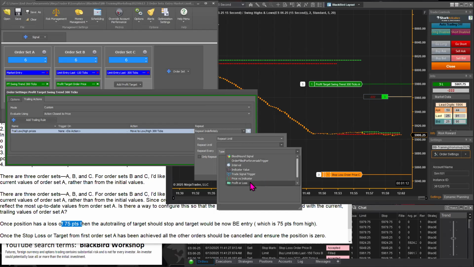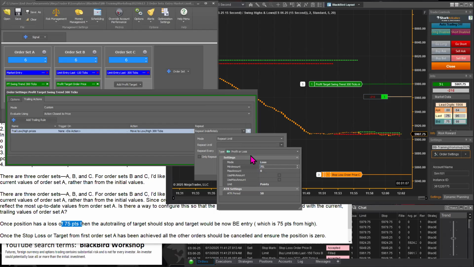All right, I'm going to use, well, yeah, I was thinking I was going to use the profit or loss. But the issue with the profit or loss is if I use a loss and then set this to points, right, I can put in 75 points.